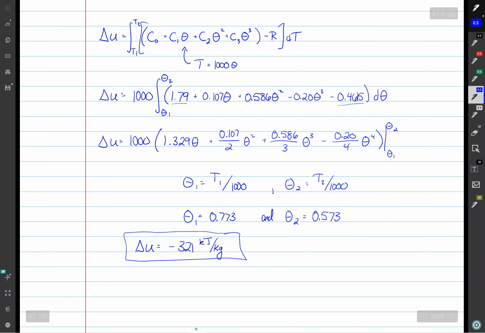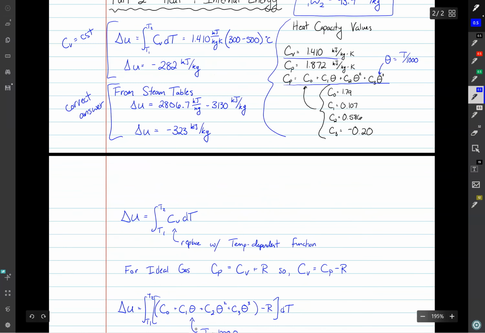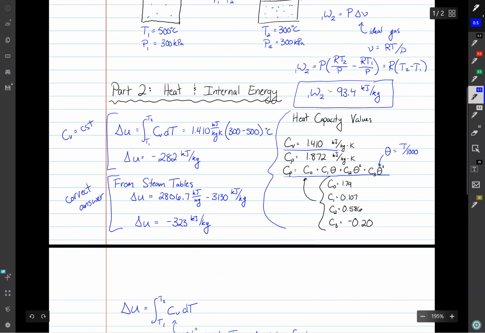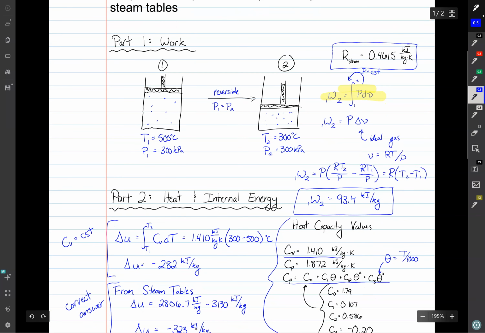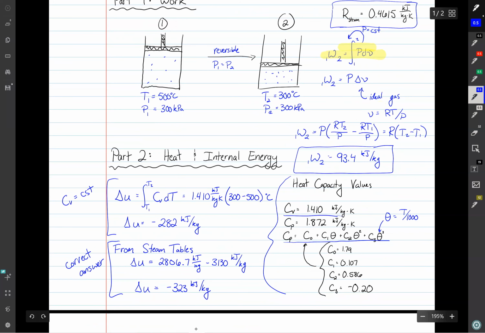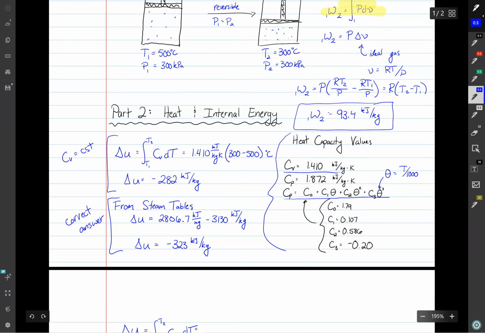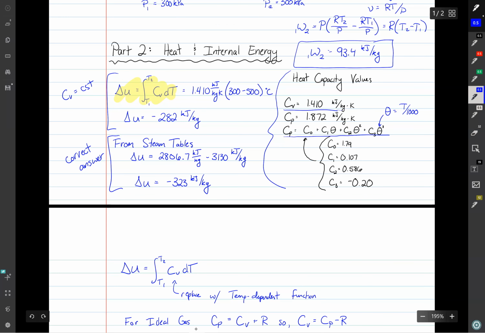So if we look back at what our previous results were, right, we could find work. We could use this equation here to find the change in internal energy, or we could use the steam tables, right? Here we used the steam tables.